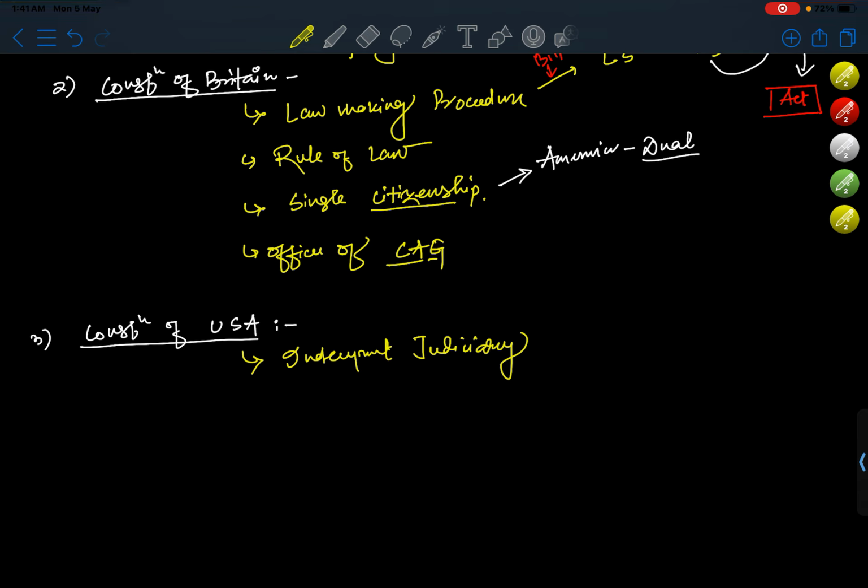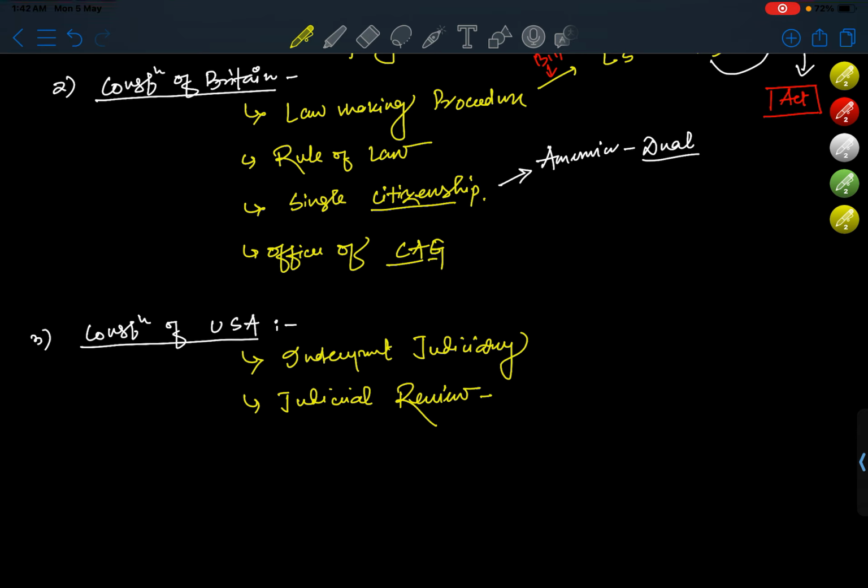So this Indian independent judiciary has been taken from USA. Judicial review. What is judicial review? Judicial review means, suppose any act has been passed in the parliament, people can challenge it in the court, and the court can decide on that.